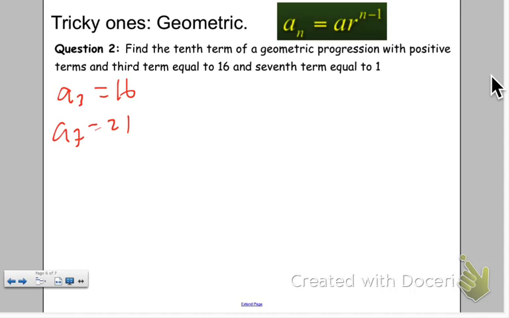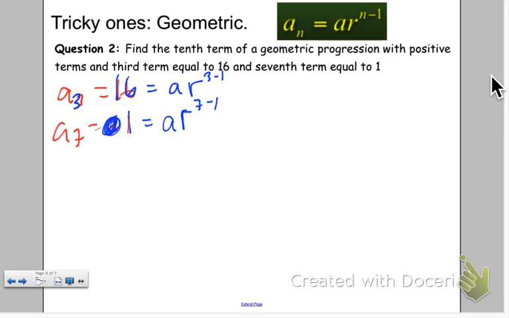Well, again, we get those by 16 equals the right starting number times the right common ratio, and since it's the third term, it's going to be r to the 3 minus 1. Sorry, the 7th term is just 1. So 1 equals a times r to the 7 minus 1.